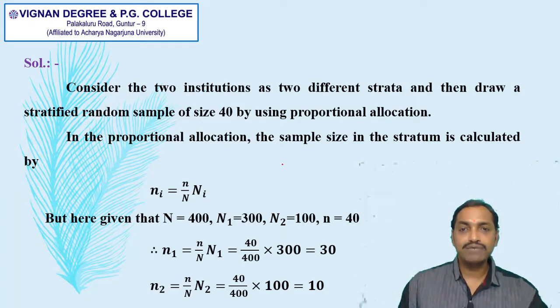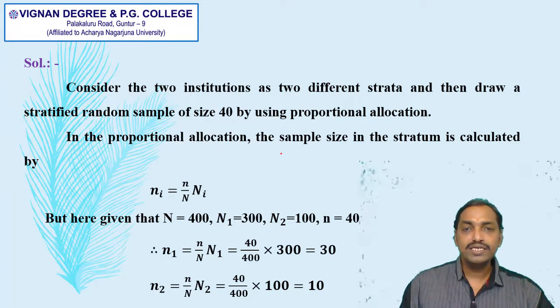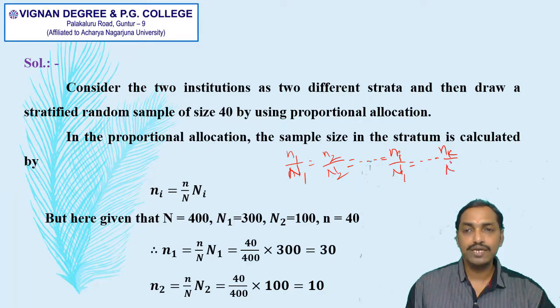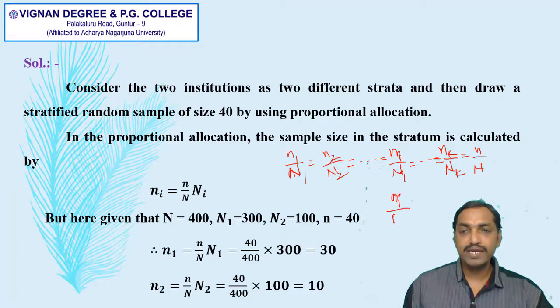In the previous videos we already saw that in proportional allocation, the sampling fraction for each stratum, that is small n1 by capital N1 is equal to small n2 by capital N2 is equal to and so on, small ni by capital Ni is equal to and so on, small nk by capital Nk, which is same as small n divided by capital N. So from this, small ni divided by capital Ni is same as small n divided by capital N. That implies small ni is equal to small n divided by capital N into capital Ni.